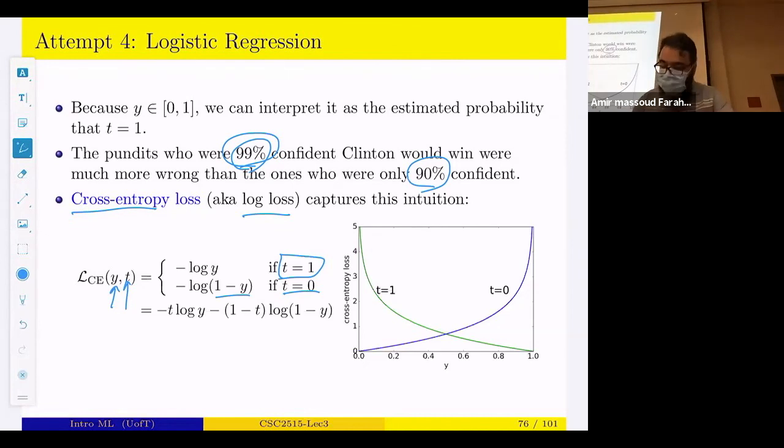So when t is equal to 0, it is the negative case, so we want to predict y to be close to 0. In that case, if we are close to 0, then the loss would be small, but the loss becomes larger and larger as we predict in the wrong direction.